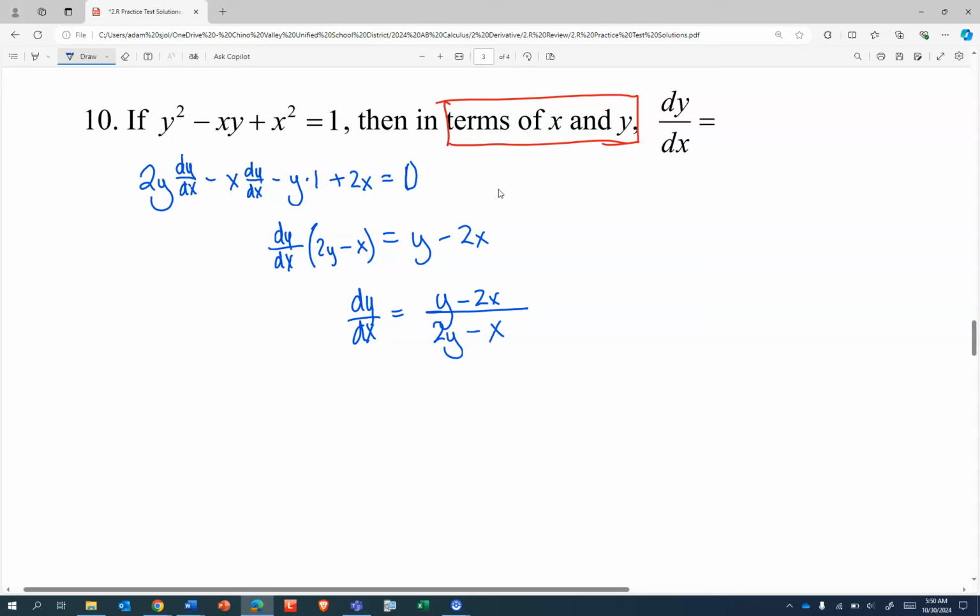Realize if you did this in a different order, you actually might get dy dx is equal to 2x minus y over x minus 2y. Hopefully you can see that if we multiplied by negative 1 over negative 1, we would get everything the same. I just know people get freaked out, especially on multiple choice where their answer looks similar but doesn't quite match.